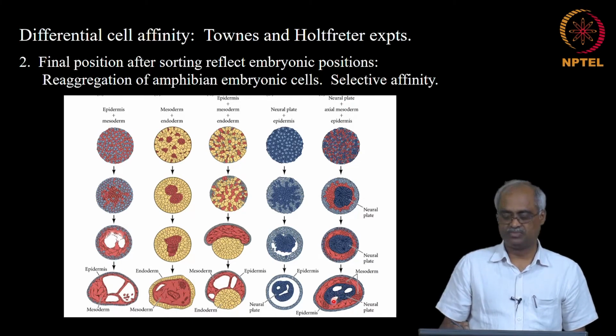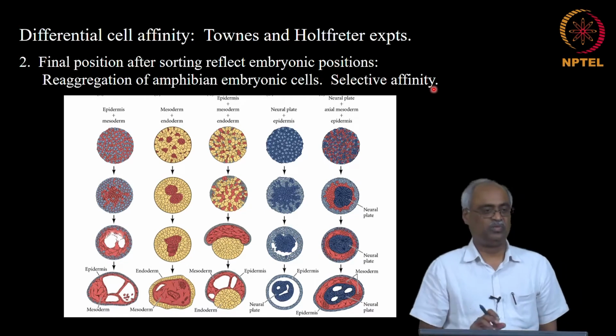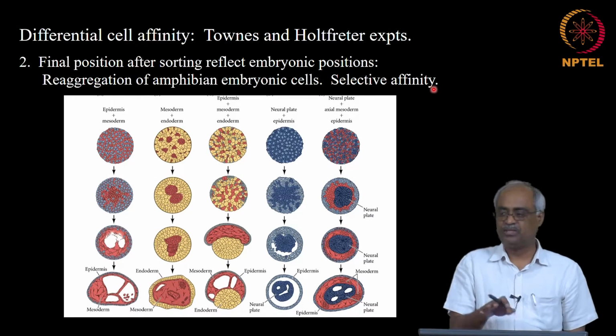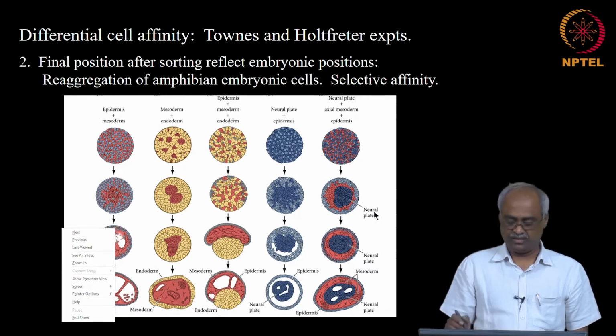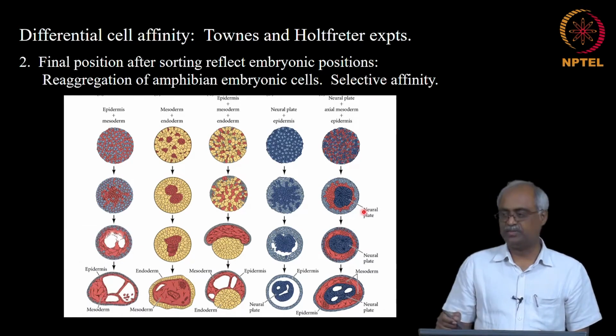This suggested to Holtfreter that there is selective affinity. Each cell seems to know with what it wants to interact and with what it wants to avoid interacting. For example, the mesoderm and epidermis seem to interact, and the epidermis seems to always avoid the endoderm, and so on.